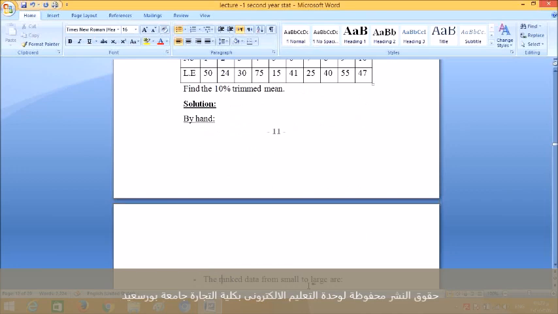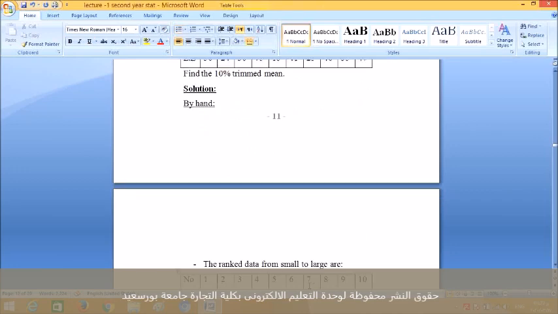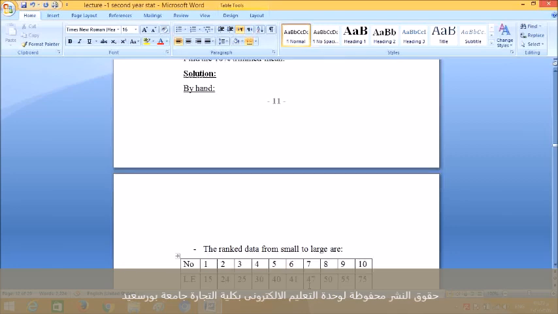So the solution by hand will be: first step, the ranked data or the ordered data from small to large, beginning with the smallest observation and then the greater and so on. Okay, so you have to rank all observations from small to large as in this row.